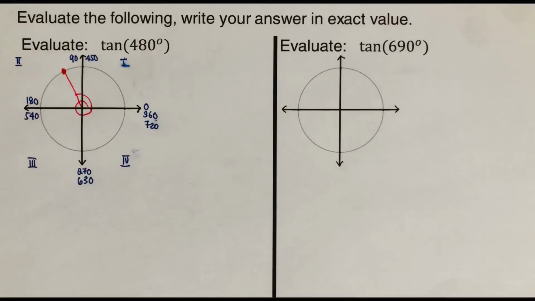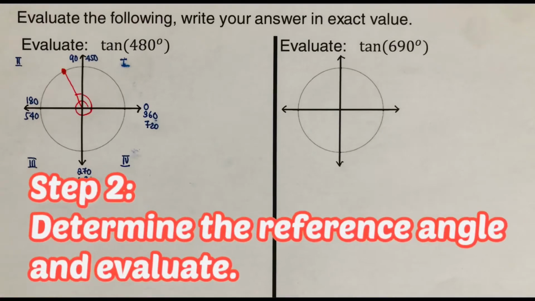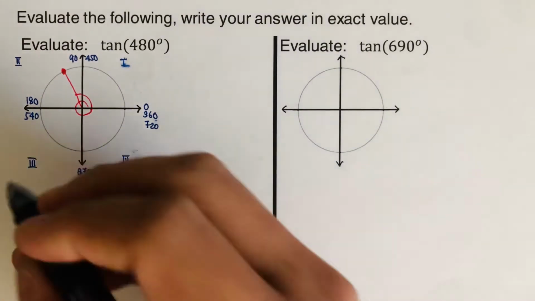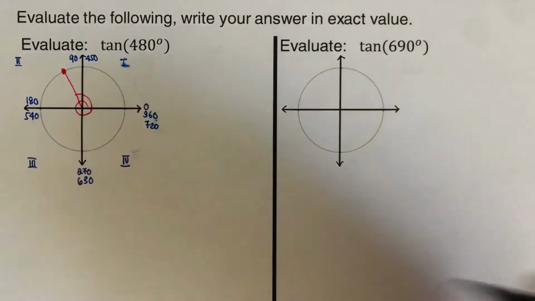And so we need to move on to the second step. The second step is to determine the reference angle. So we're going to use the same formula that we had on the first slide to determine the reference angle. So I'm just going to show the work down here.